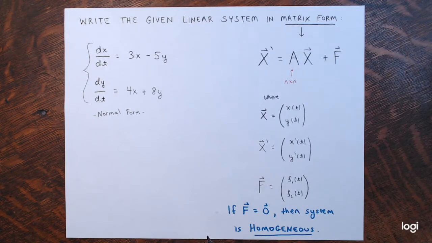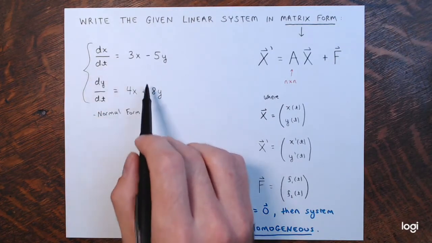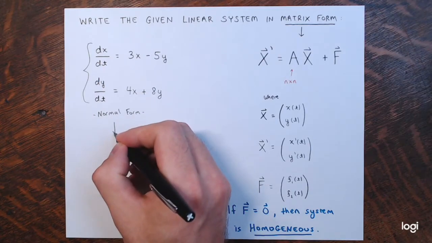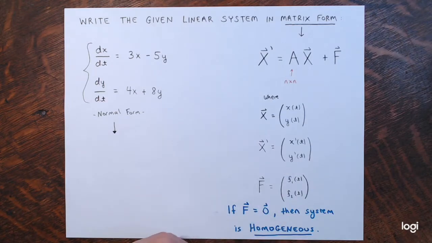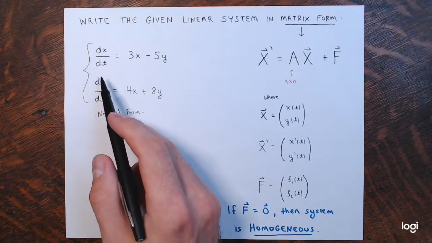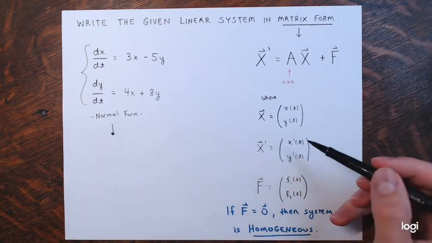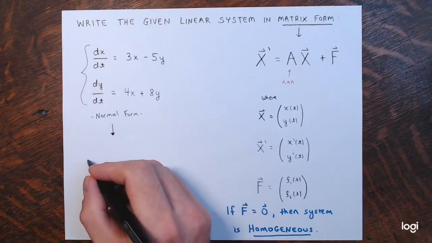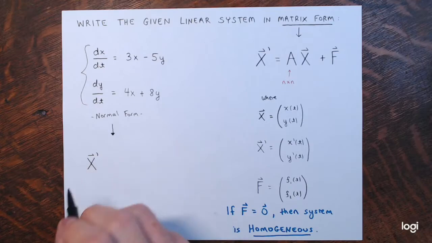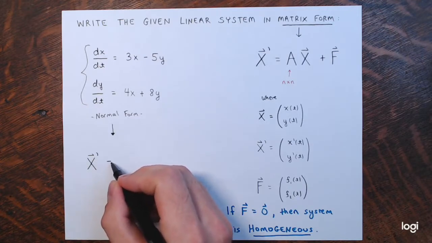Okay, so this system written in normal form, I think it's pretty easy to translate from normal form to matrix form and vice versa. On the left side, we have dx/dt, dy/dt, that's x prime, y prime, that's the vector x prime. Vector x prime equals.